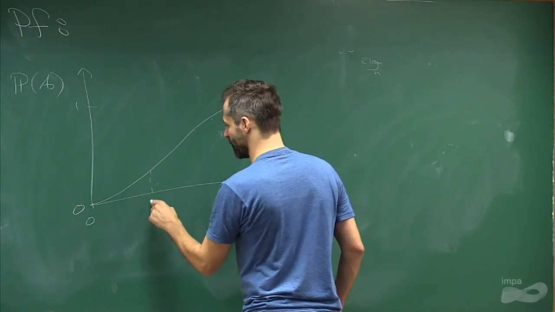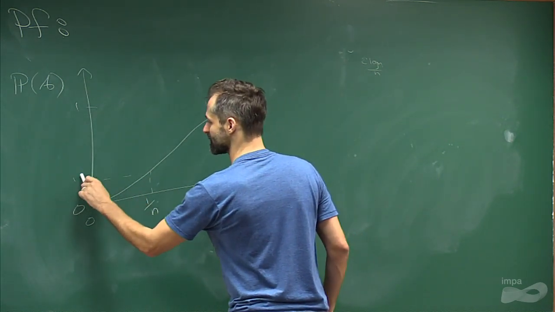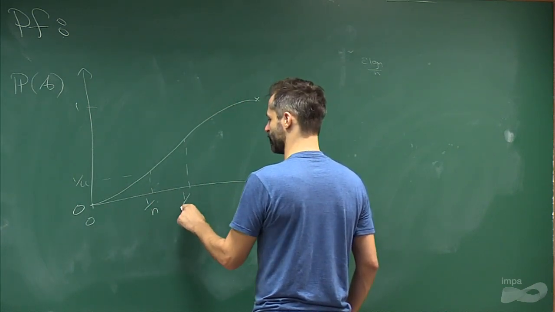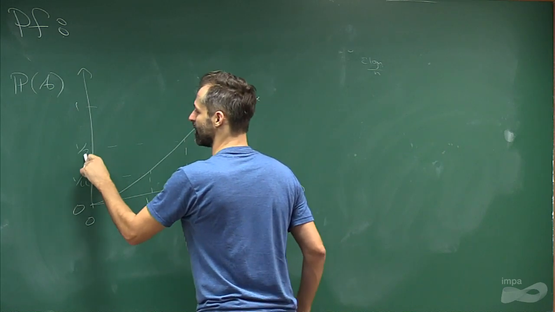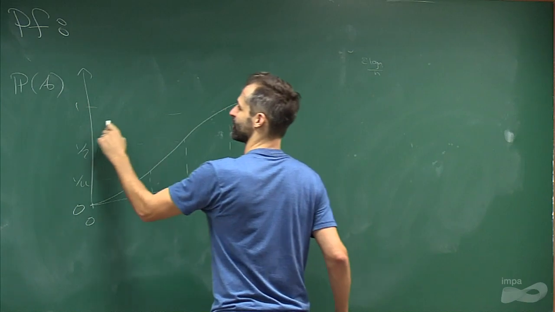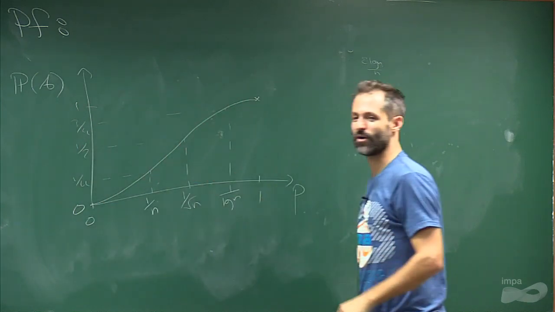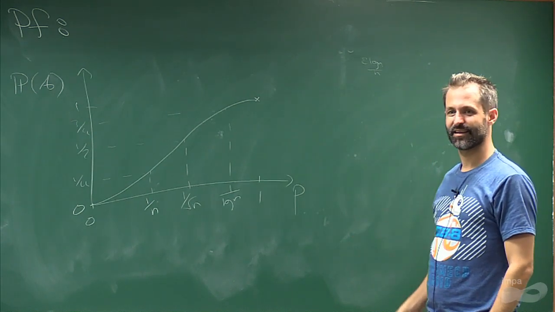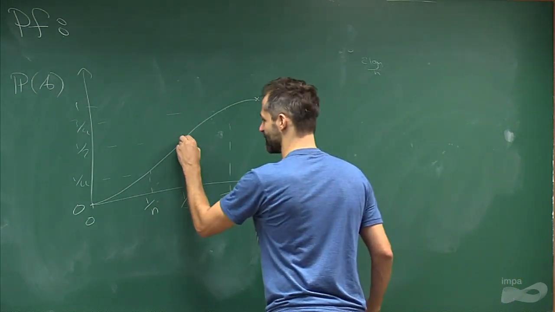What if at 1 over n, it's got as far as a quarter, and then at 1 over root n, it gets as far as a half, and then at 1 over log n, it gets as far as 3/4, and then finally gets to 1. Okay, here it's 1 over root n.